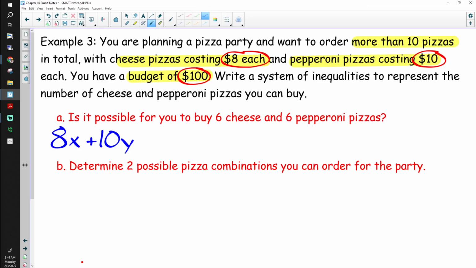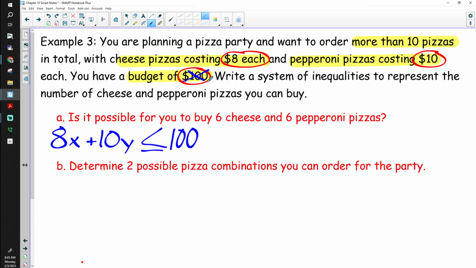So I don't have to write an equal sign because this just says my budget. It doesn't say you spent $100. You have to spend $100. We can spend anything less than or equal to 100. That's my inequality for my price.